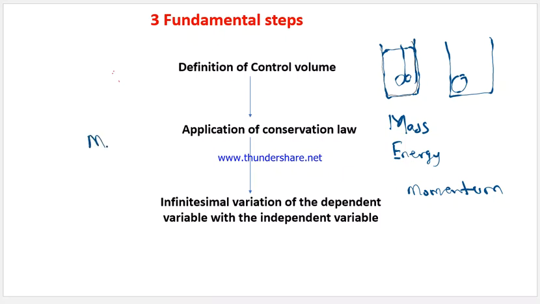So basically, conservation of mass is saying that mass that goes in minus mass that goes out plus mass that is generated within the reaction or the control volume, if there is a reaction, minus mass that is consumed within the control volume is equal to mass that is accumulated within the control volume.